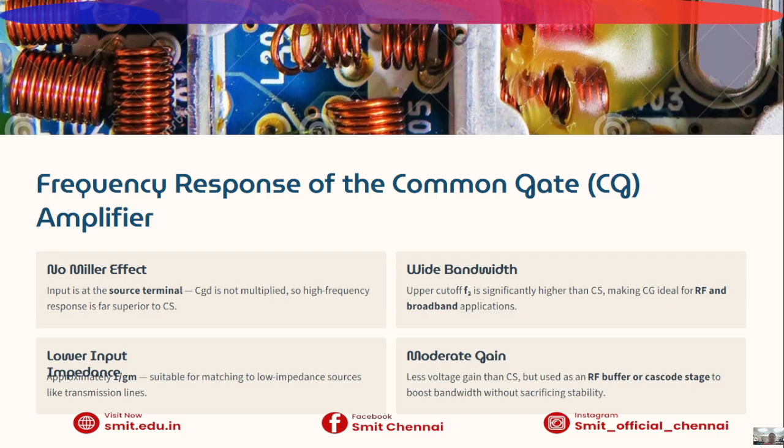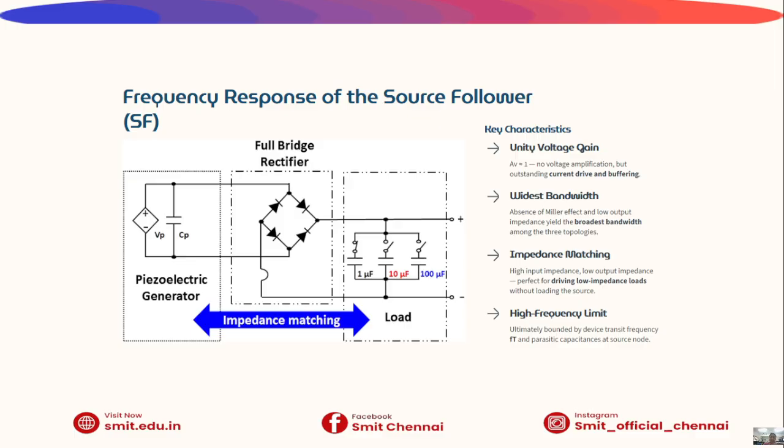Because of this, the common gate amplifier achieves a much wider bandwidth and a higher cutoff frequency. Its input impedance is approximately equal to 1 divided by gm, making it suitable for low impedance signal sources and RF applications.